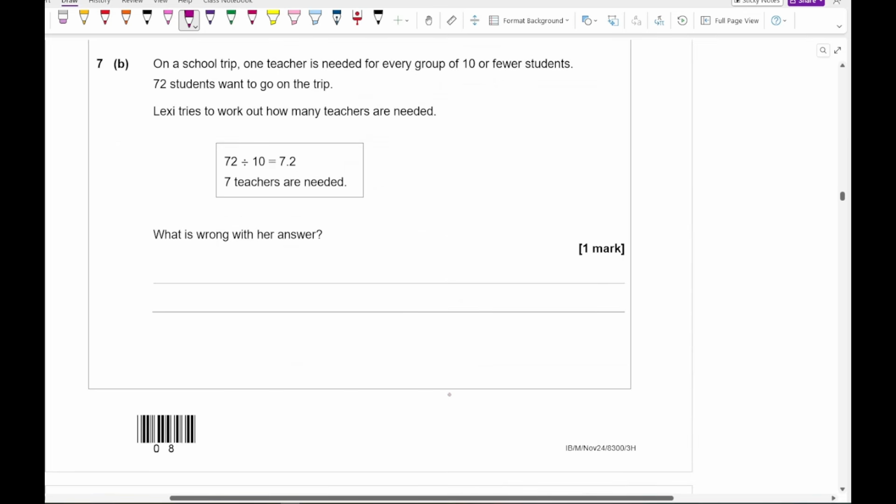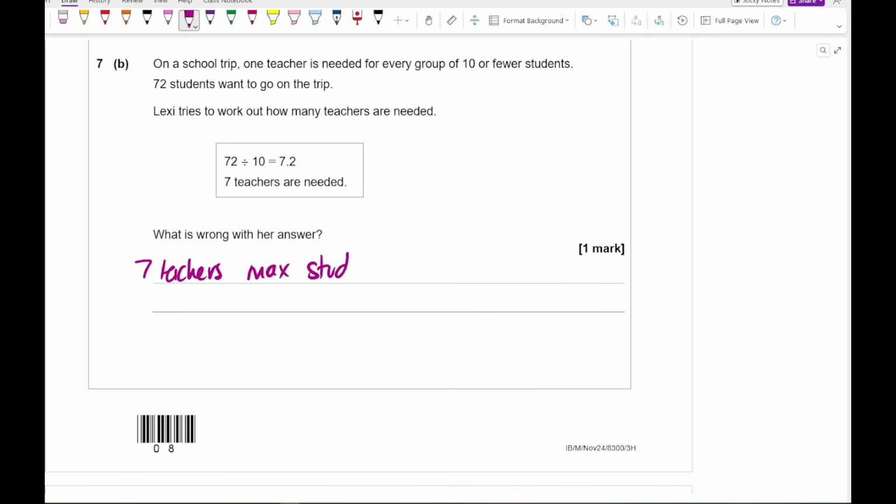It then says, on a school trip, 1 teacher is needed for every group of 10 or fewer students. 72 students want to go on a trip. Lexi tries to work out how many teachers are needed, and there's her working out. What is wrong with her answer? Well, if there were 7 teachers, then the maximum number of students equals 7 times 10, which is 70.